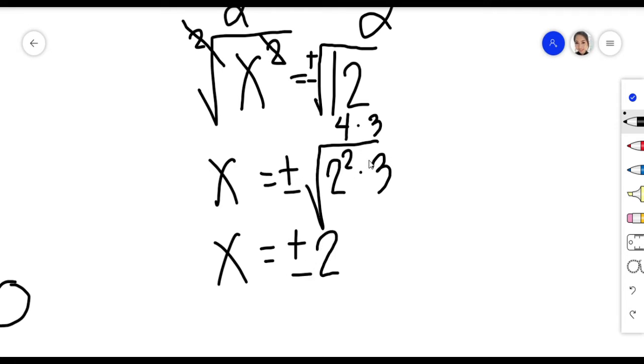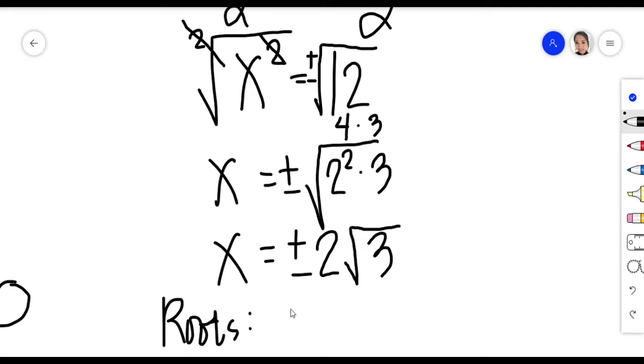And since we are left with 3 inside, we have to copy the radical symbol and put 3 inside. So our roots are the following: positive 2 square root of 3 and negative 2 square root of 3.